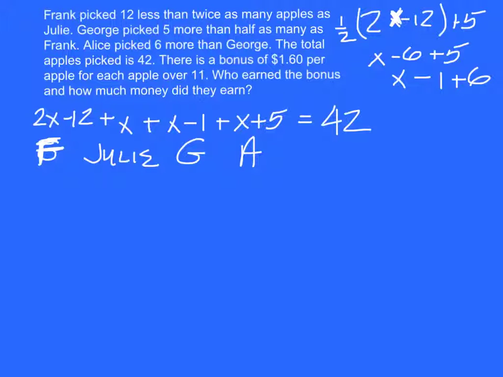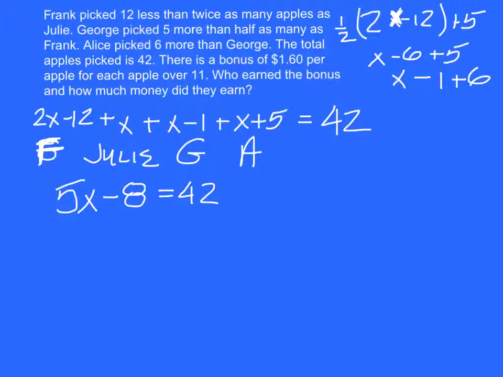Now we have 2x, x, x, and x. How many x's do we have? 5 x's, yes. Negative 12 minus 1. Negative 13 plus 5. Negative 8. So 5x minus 8 equals 42.